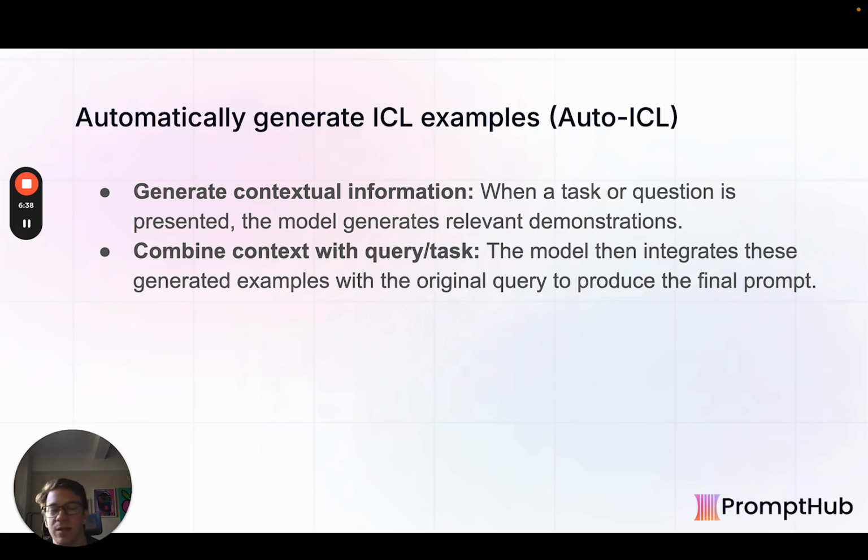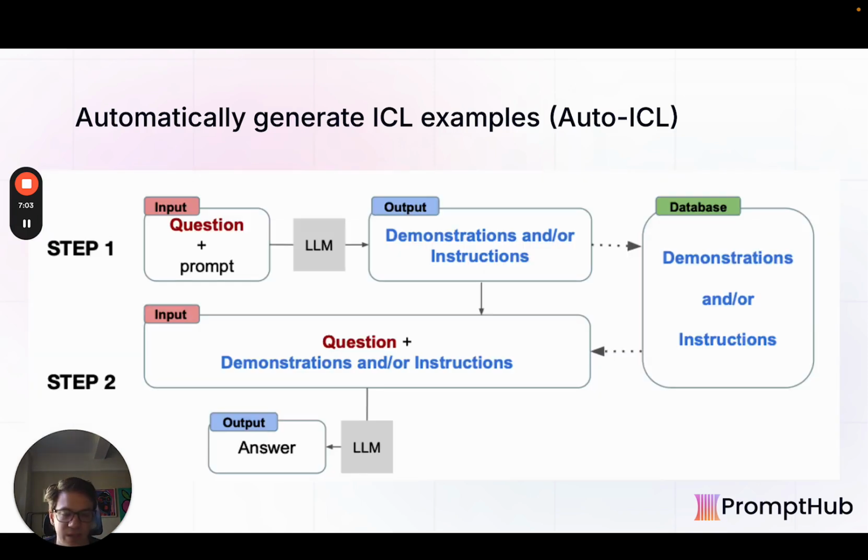That's all great, but it can be annoying and take some effort to generate these examples. So there's this really cool paper called Auto-ICL, which built a short framework to automate this. It takes a task, generates examples, and then has another prompt that takes those examples and the original task and gets an output from the LLM, which you can see in this demonstration here.